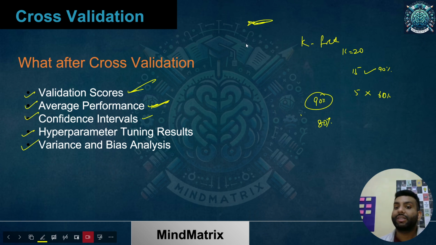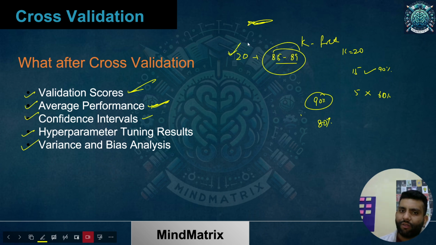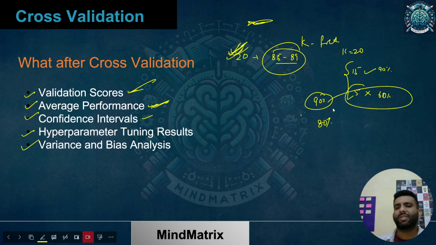But in some other case, for all the 20 cases, my accuracy varies from 85 to 89. So I have better confidence that this model is performing really well, rather than the kind of model which is failing or not giving me good results for some cases.